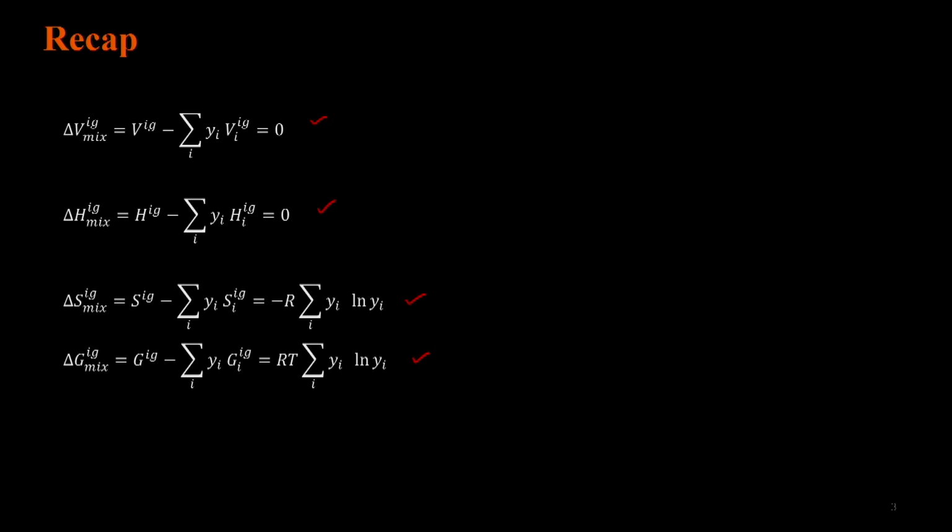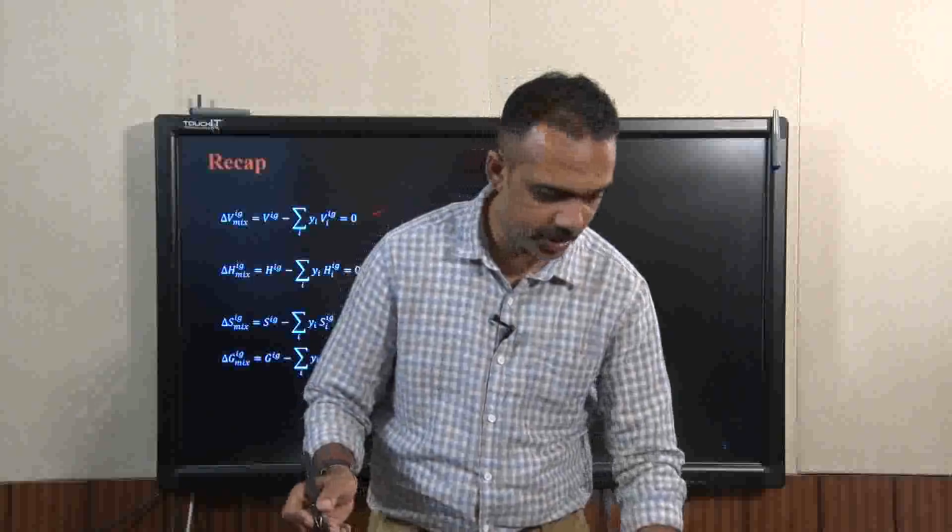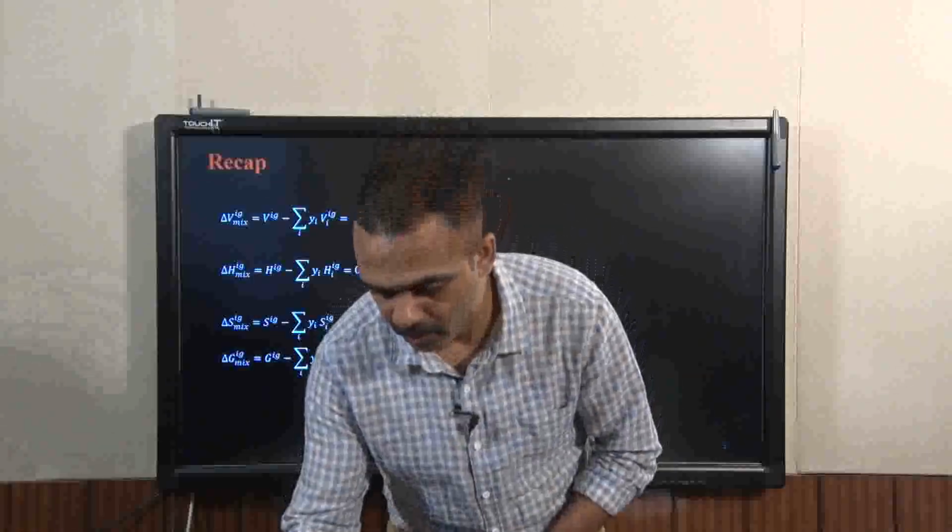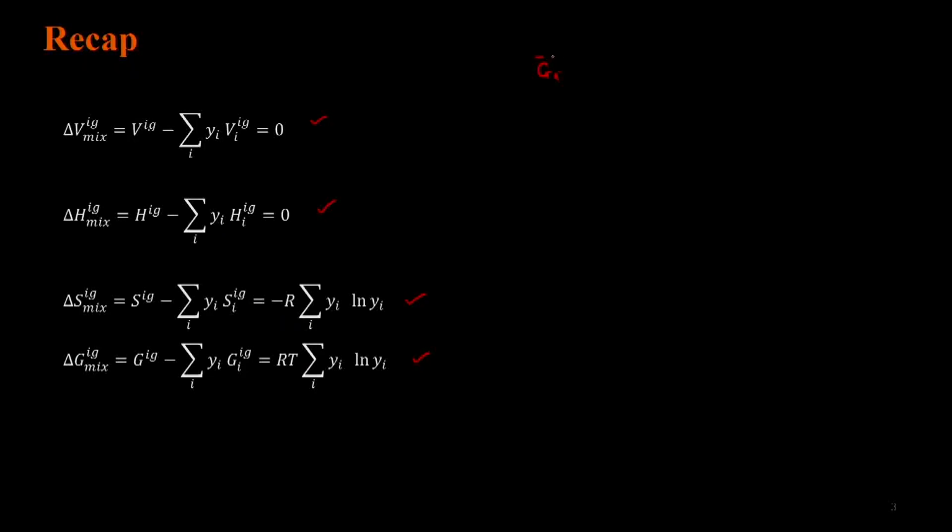This is for an ideal gas mixture, and we said we're going to define an ideal solution such that it behaves in a similar fashion: the partial molar Gibbs free energy is going to be related to the pure species Gibbs free energy through a similar equation as in the case of an ideal gas.